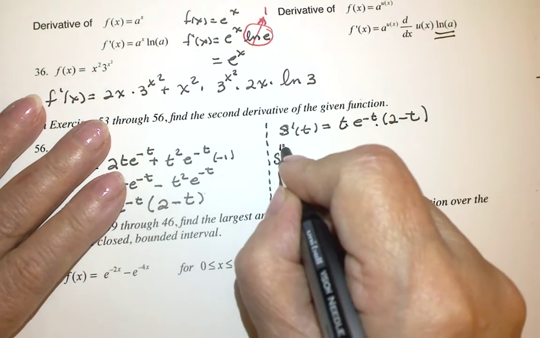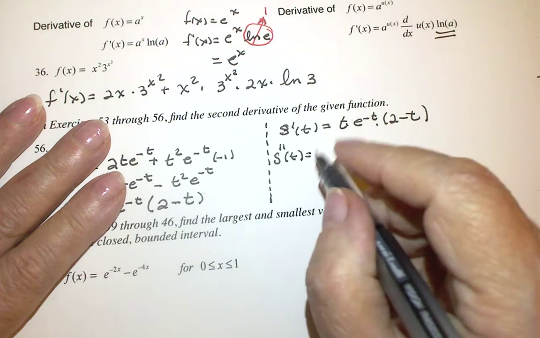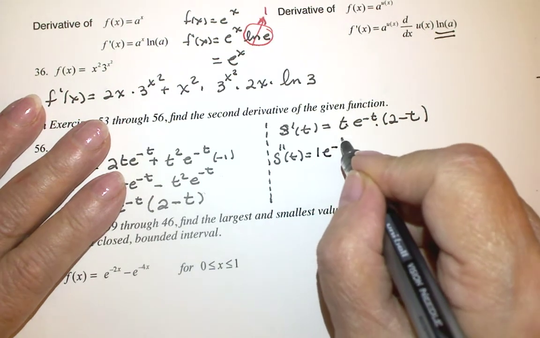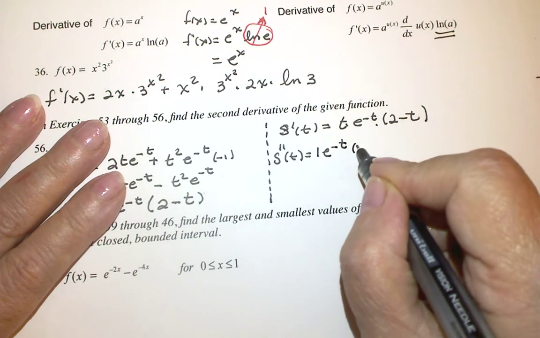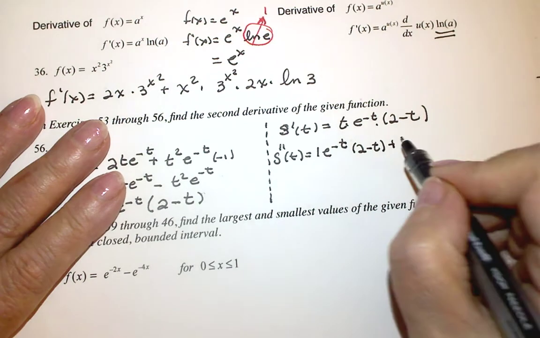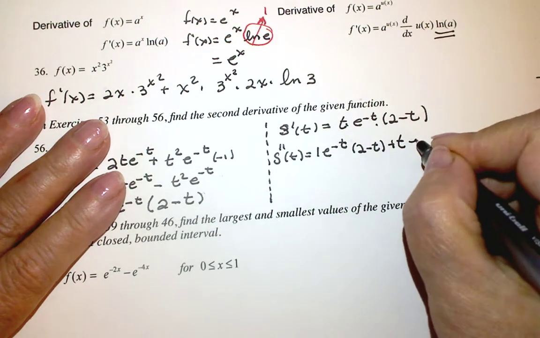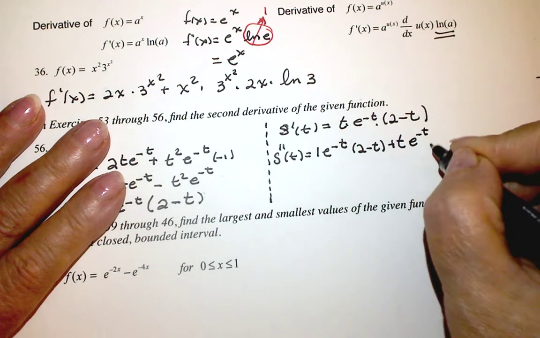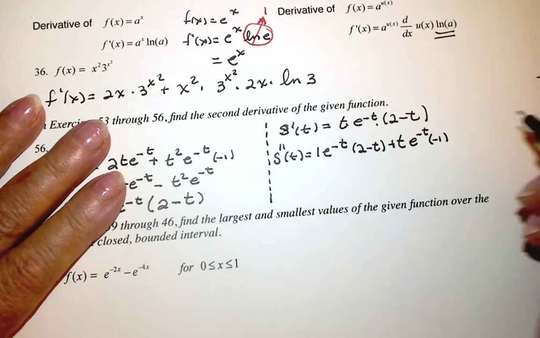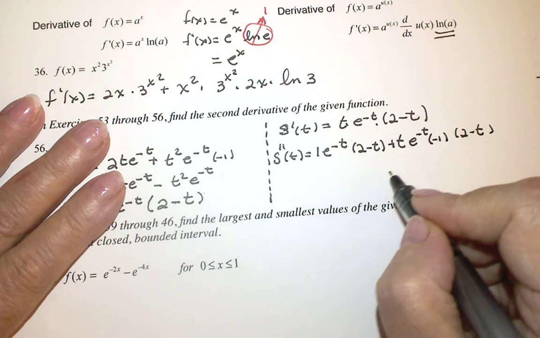So what's g double prime? The derivative of t is just 1 times 2 minus t plus t, the derivative of e to the minus t is e to the minus t times minus 1 times 2 minus t. See, I don't have enough room.